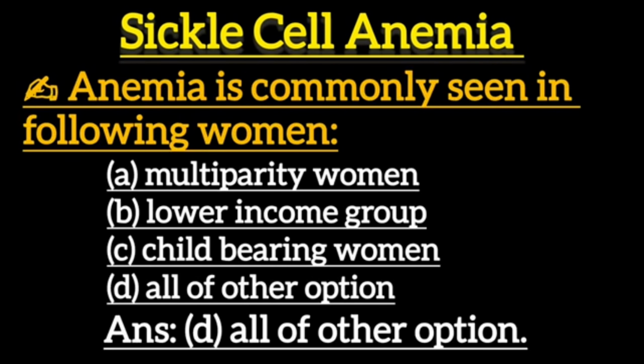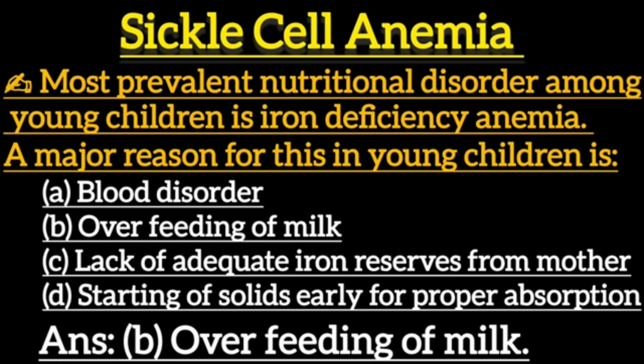Next one is, anemia is commonly seen in the following women. Option A, multiparity women. Option B, lower income group. Option C, childbearing women. Option D, all of the other options. Correct answer is option D, all of the other options. Next one is, the most prevalent nutritional disorder among young children is iron deficiency anemia.